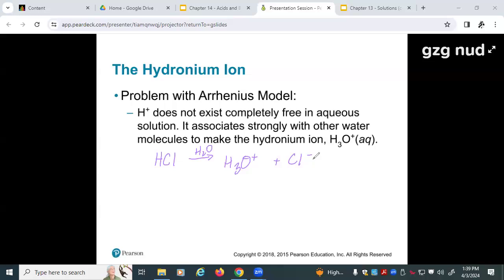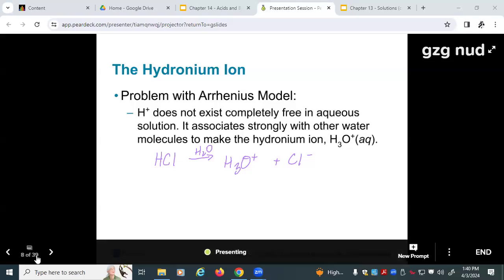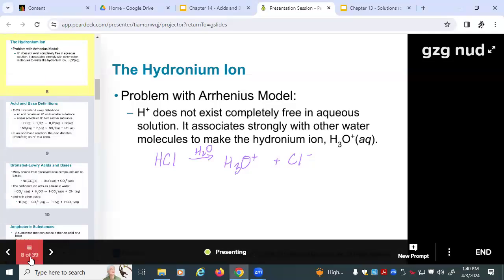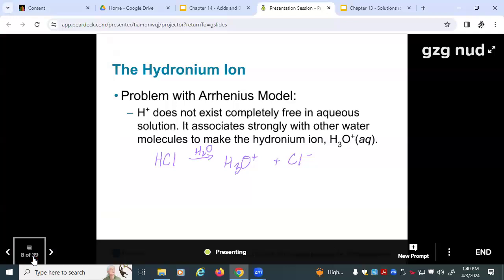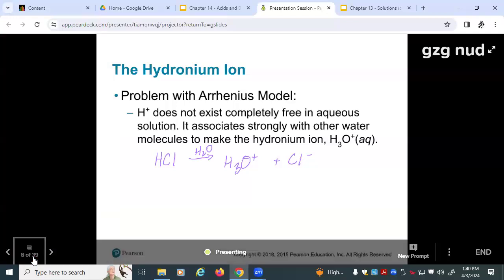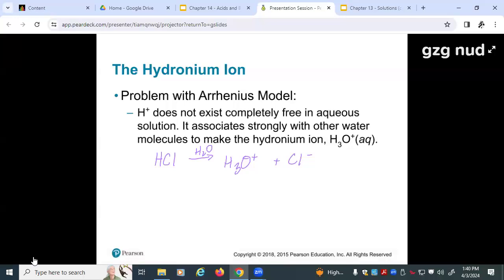Because if the very thing that the model describes as what makes an acid isn't actually true, then we need to rethink that definition of an acid.